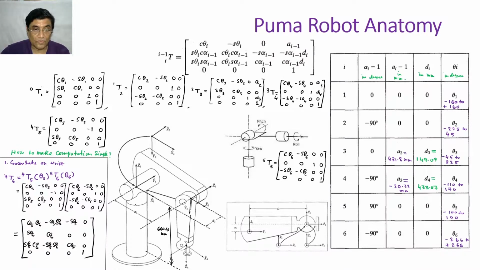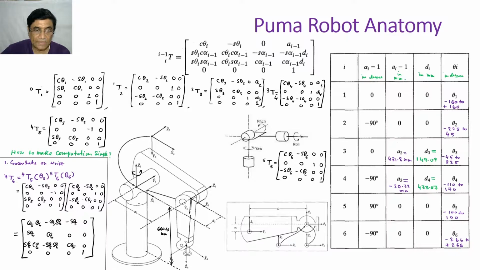Now look here, this is my Puma robot. If you stand up on your feet and then twist your body clockwise and anti-clockwise, that is analogous to the motion of the Puma about this axis.